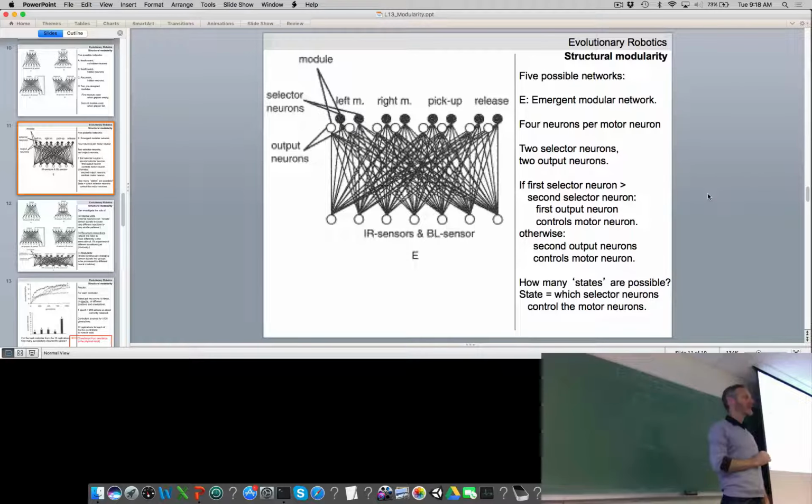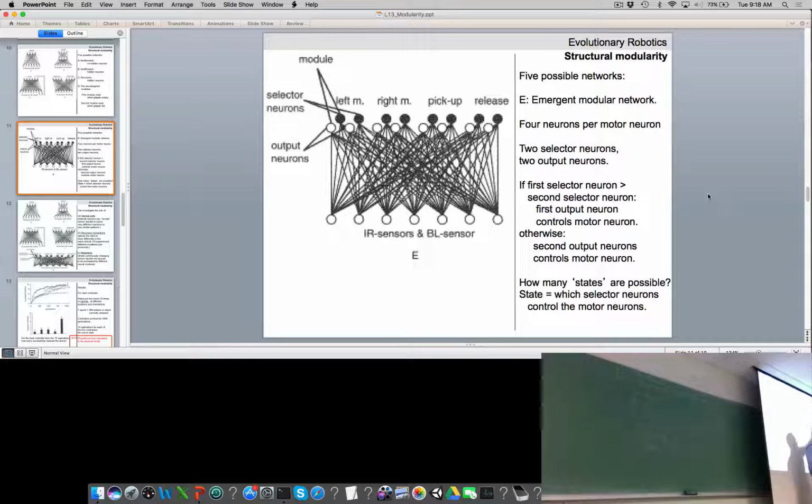How many states in total are possible here? How many combinations of modules can the robot exhibit? A lot. Thousands, hundreds, dozens. How do we figure this out? Well, if we look at this pair, there's only two situations.